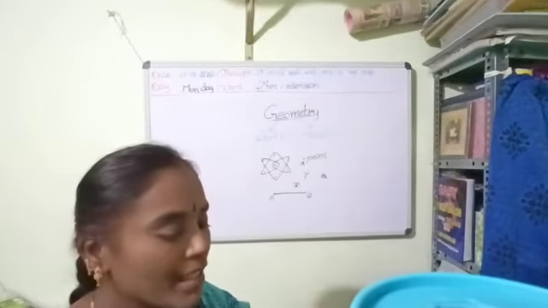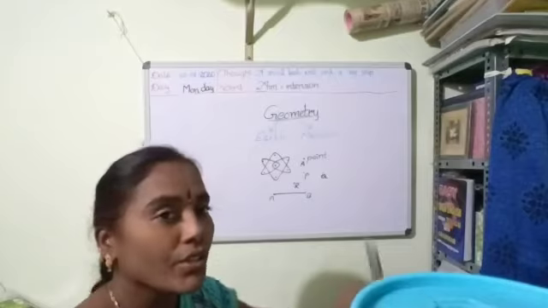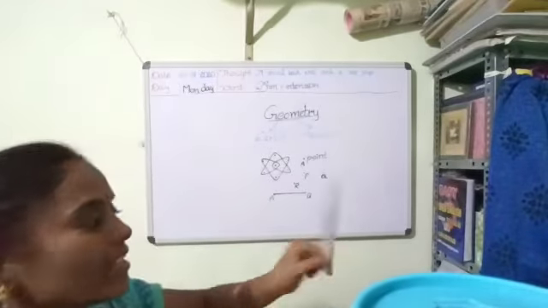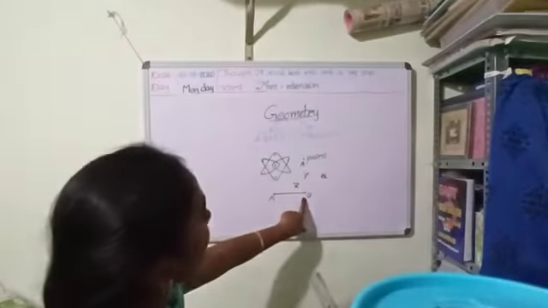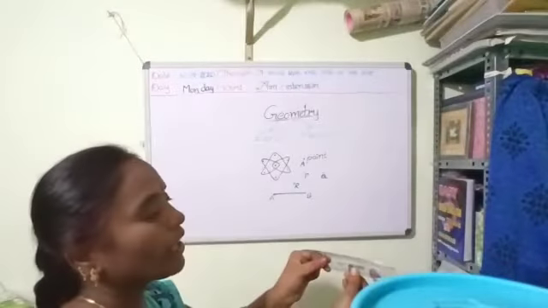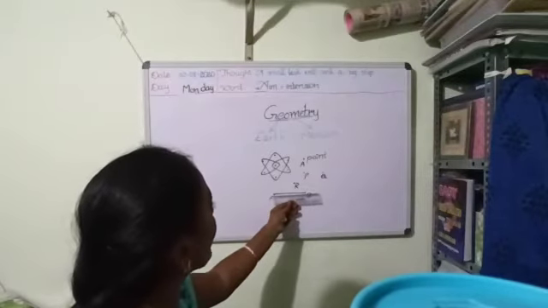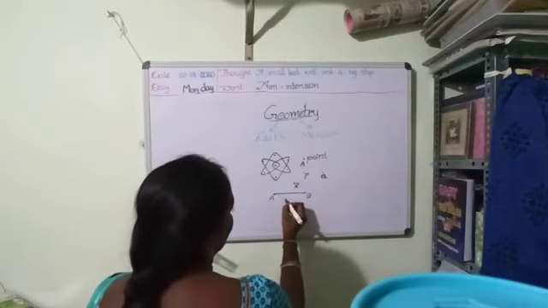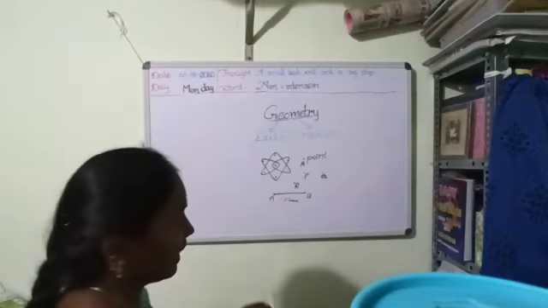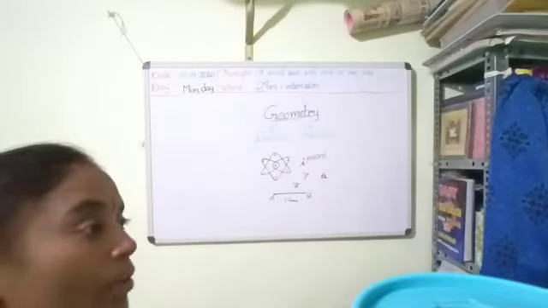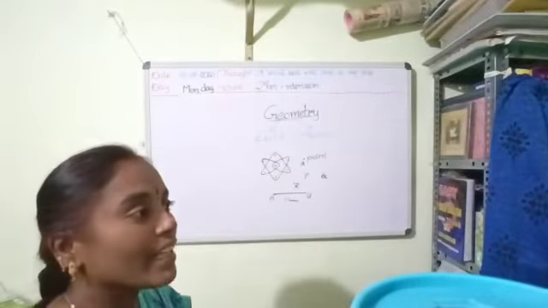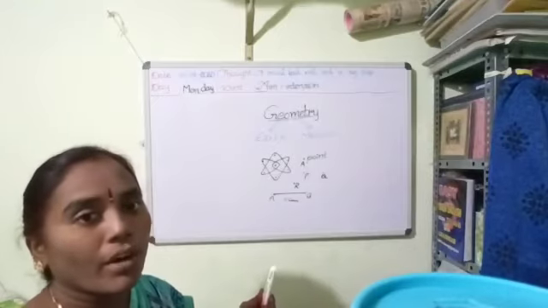How do you measure that line segment? Using a scale. To find the length of this line segment, you have to take the scale, keep it on the paper or board and measure it. So how much is there? 11 centimeters. So a line segment has a particular length and it has two end points.